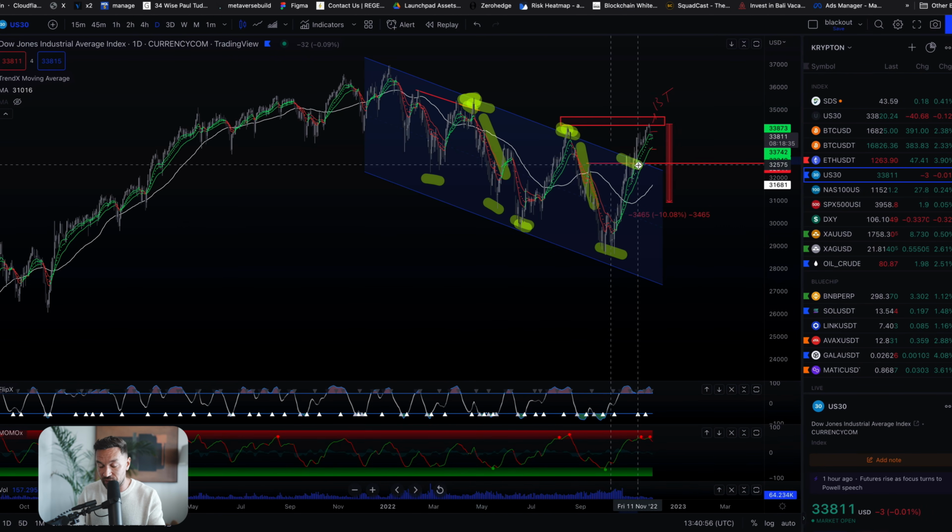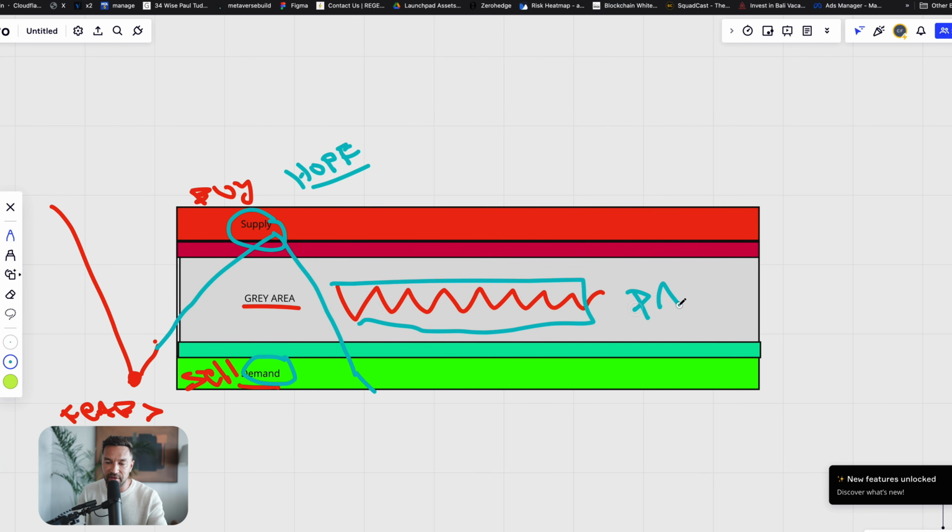Obviously I'm short here now, but it gets a little sticky, but there's also this level of supply up here, which I do believe is going to come down. That's one of the big problems that people have: when should I buy, when should I sell? You need to understand technical analysis, and this just boils down to having the patience to do nothing during these times and having the patience to wait for supply areas and wait for demand areas.